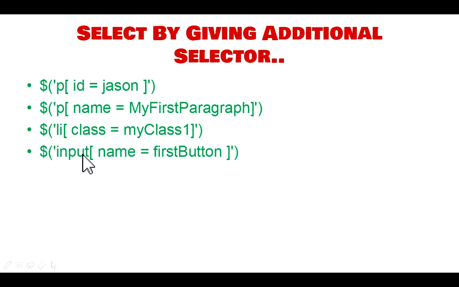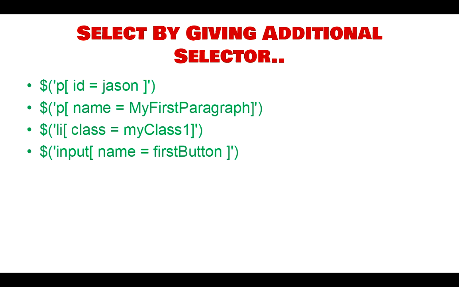Select all the input, but I only want to select whose name is first button. These are the additional selectors. This is like a condition: select all the elements, but again you put some condition to select the specific one. This is also important.